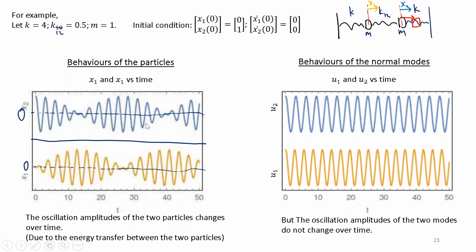However, if we look at the graph on the right, what I'm plotting here is not x1 and x2 anymore. Instead, I'm plotting u1 and u2. So what is u1 and what is u2?